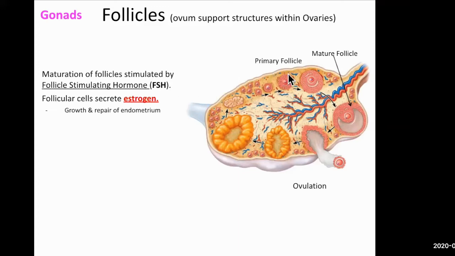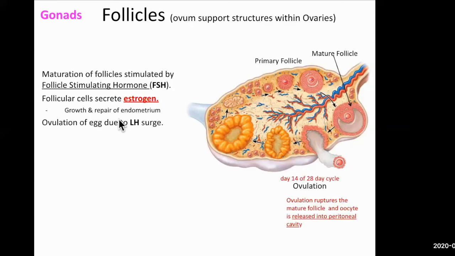The follicle cells are also secreting estrogen, which, I'm not sure how much it has to do with promoting the cycle, but it also gets in the bloodstream, which is going to affect the growth and repair of the endometrium wall, part of the uterine wall, which we'll talk about.